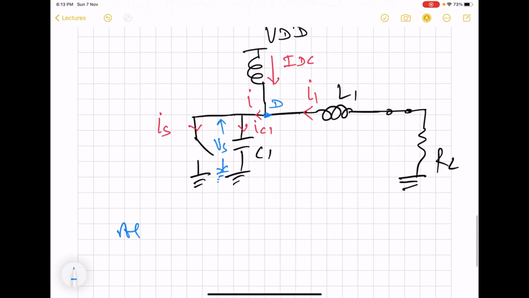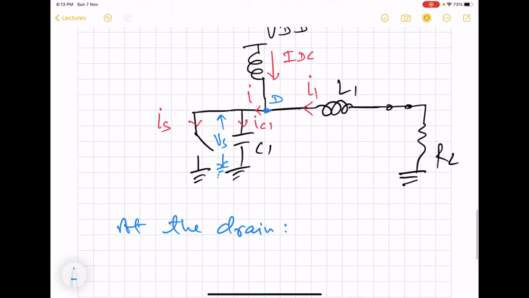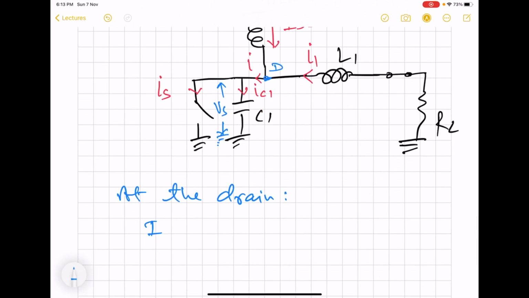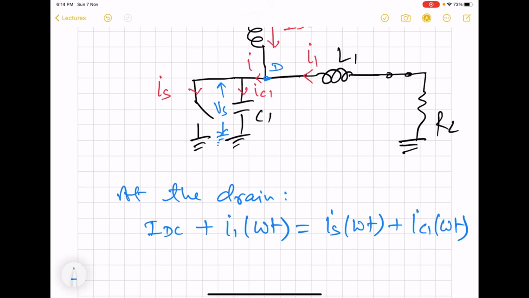So at the drain, the KCL implies IDC, which is going to be DC current, plus I1, which is going to be time dependent, equal to I switch current plus IC1 current.